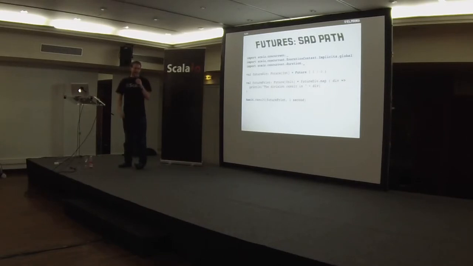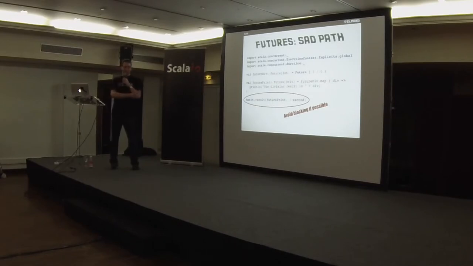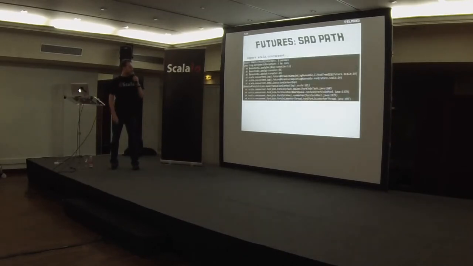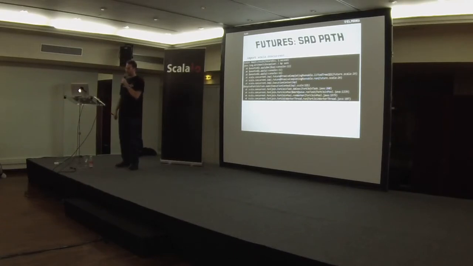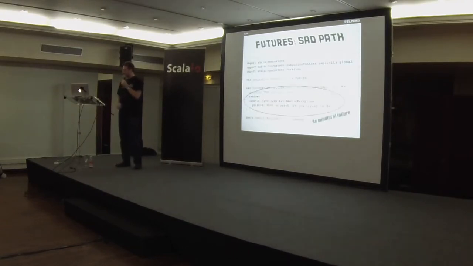If I want to get a result printed when I run this code, I have to actually block. So don't do this at home. I mean, if you really have to, you need to block, but here we will see right away why we need to do this in this case. When you run this code, you get this nice exception that you shouldn't do this stuff. Dividing 1 by 0 doesn't usually work.